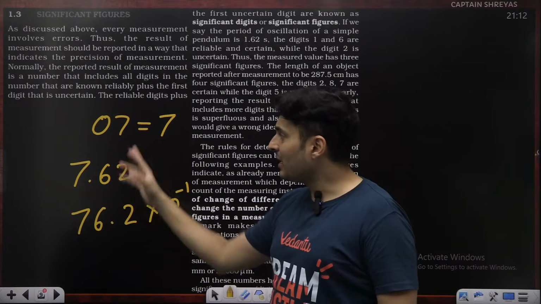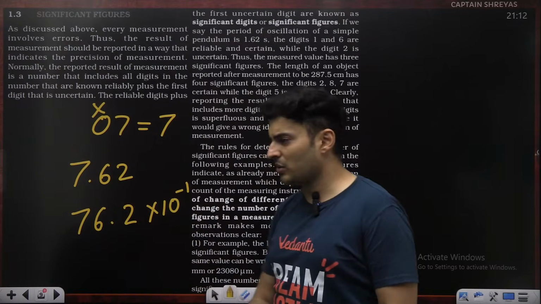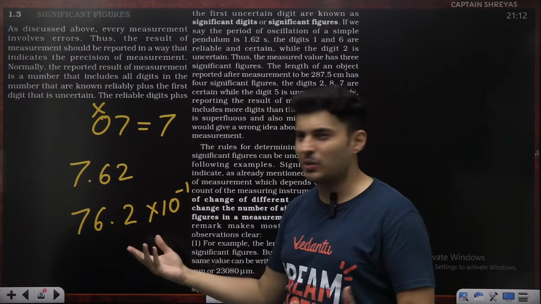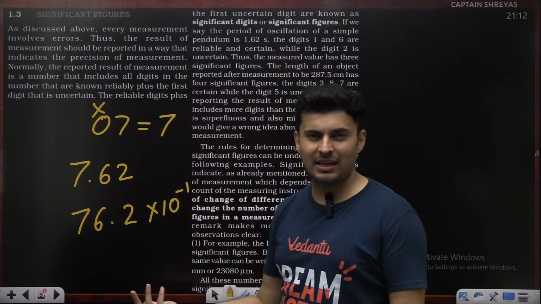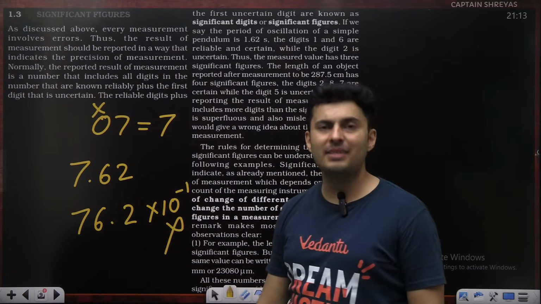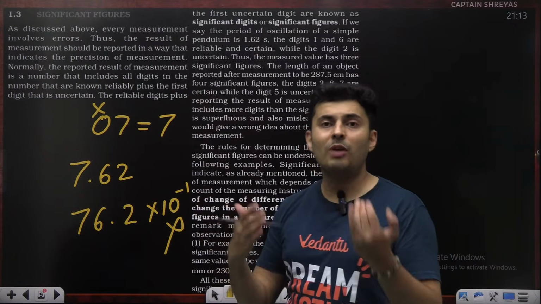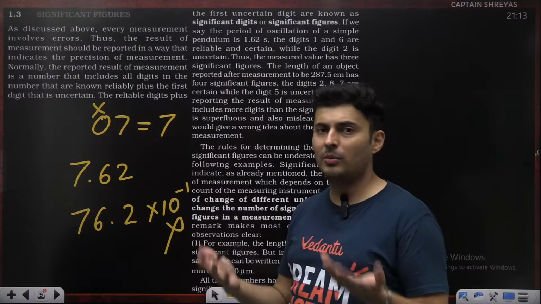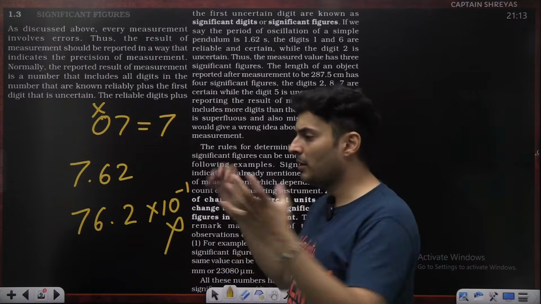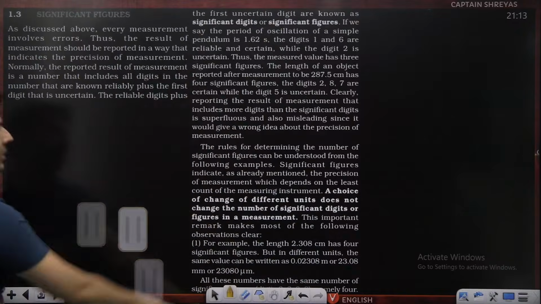So you will see over here 0 was insignificant, and here also this power of 10 did not change the value. I just shifted the decimal place, that's all. So this power of 10 also is pretty insignificant. There are certain rules to know how many significant digits are there in a particular number. These rules are what we are going to see.